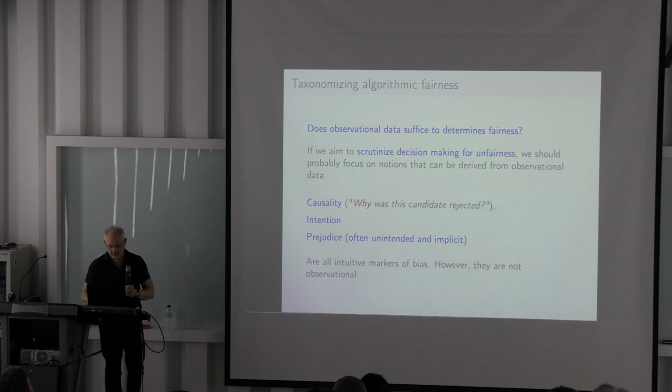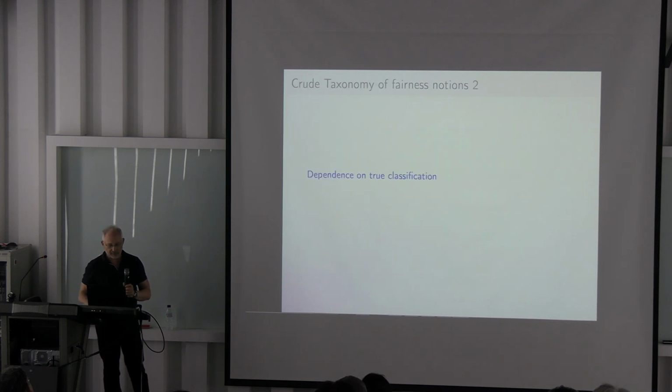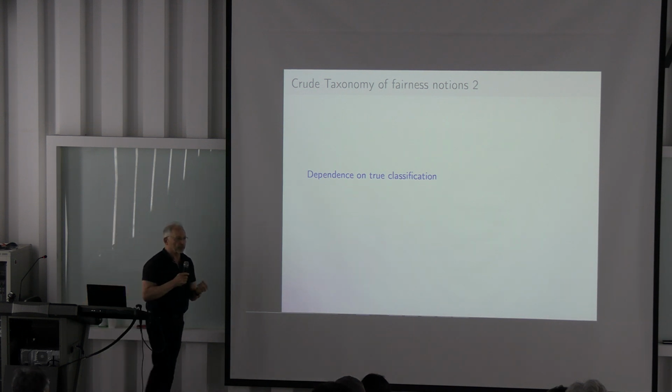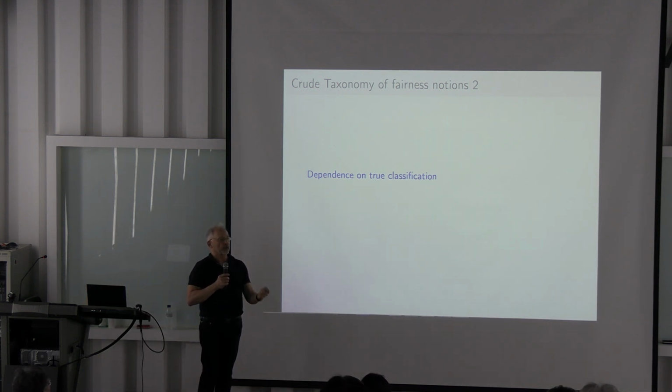Okay, so I still have time, so I want to talk a little bit further about other aspects of fairness, so we can try to divide fairness notions into categories. So one category is whether they depend or not on unobservable data. Another distinction or classification between notions of fairness is, do our notions of fairness depend on the true classification or not?